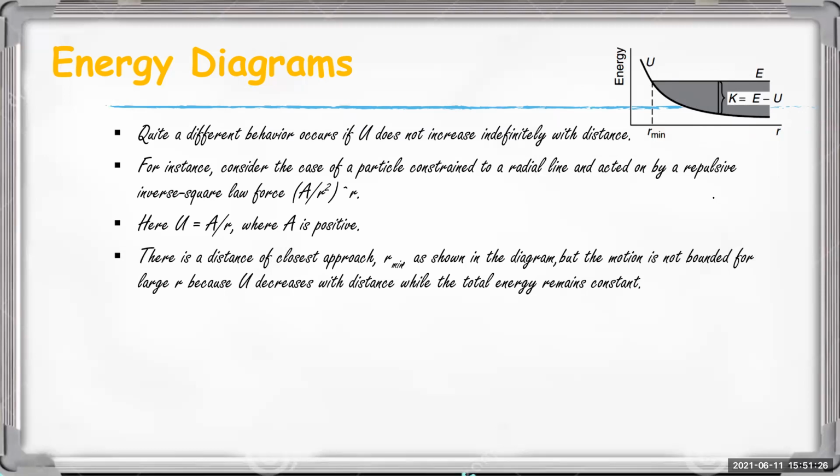We have written K is equal to E minus U. If U is greater than E, K must be negative. It is not possible.